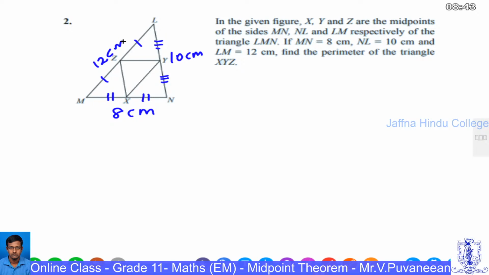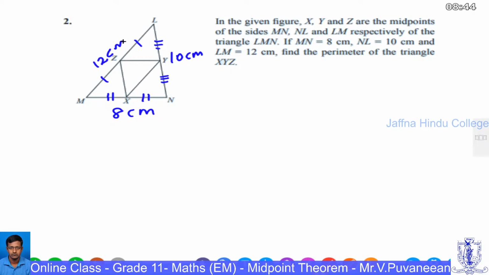So first we find the length of the 3 sides separately, and then using these 3 sides we can find the perimeter.